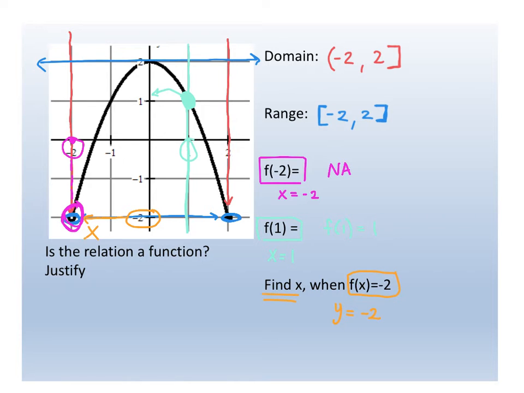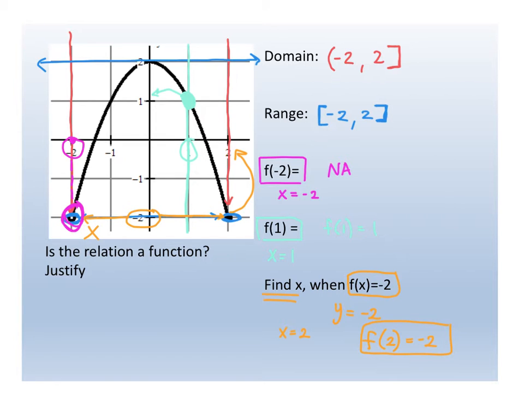It does not apply, right? Because it's open, so that doesn't work. But if you go to the right, it touches it there, right? And what's that x value? That x value is right there. So that means x is equal to 2. You can also write it in function notation, which means f of 2 is equal to negative 2. Okay, we are going to go over some more examples, so don't panic.